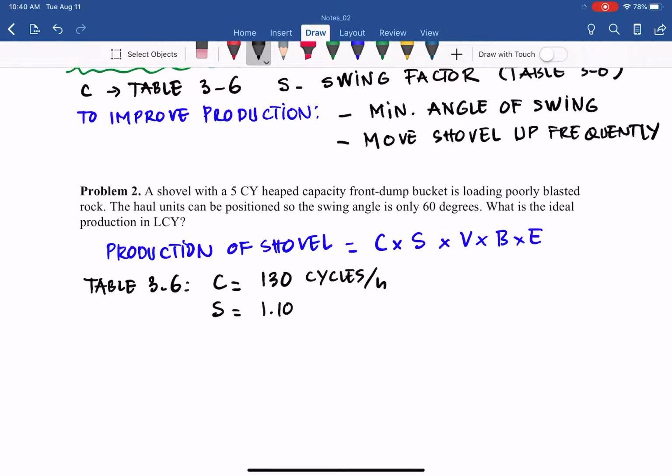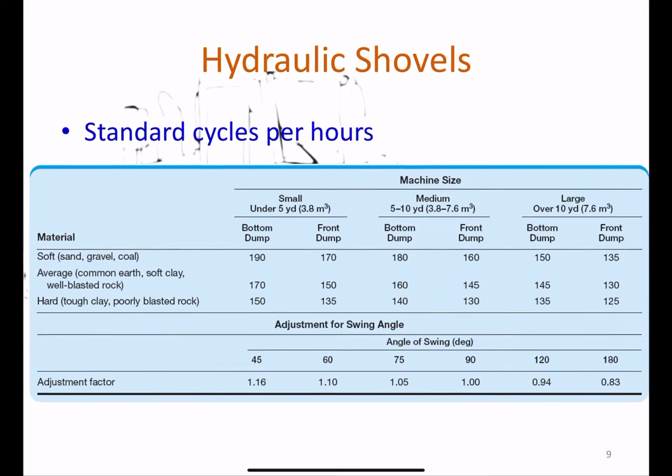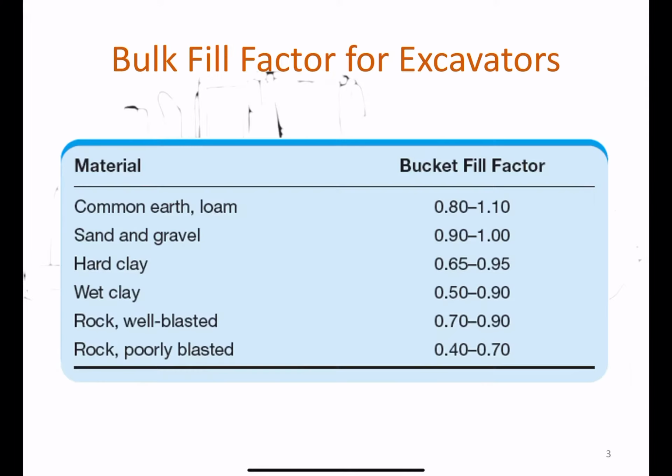And then you also want to find out the bucket fill factor. If you recall from very early on, go to table 3.2 for the polyplast material. Let's go down here to the bucket fill factor. You see the bucket fill factor for polyplastic is somewhere between 0.4 and 0.7.